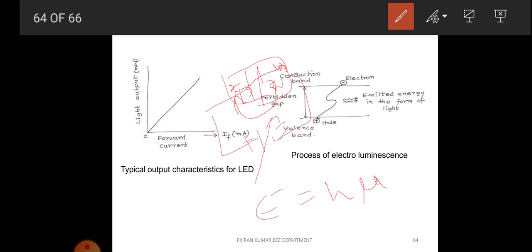If the frequency is low, the energy is low. So mu is equal to E by h. When energy increases, the photon frequency increases, and the light brightness also increases.